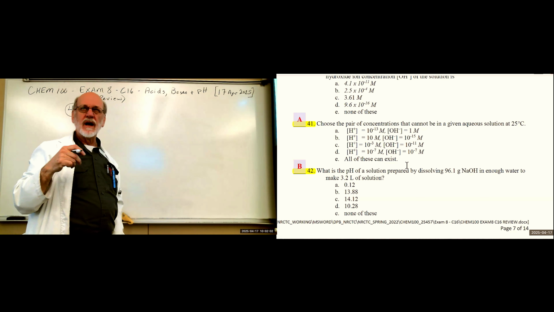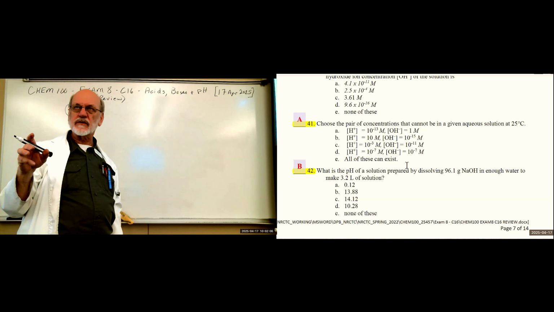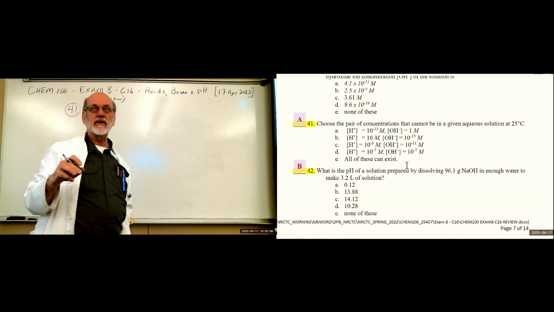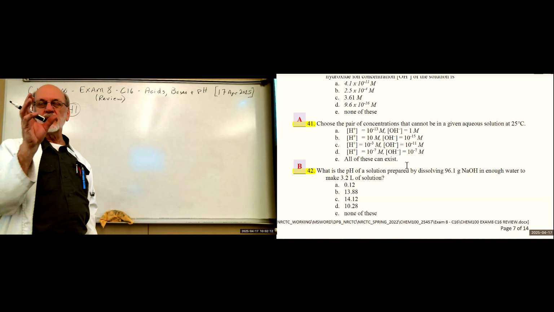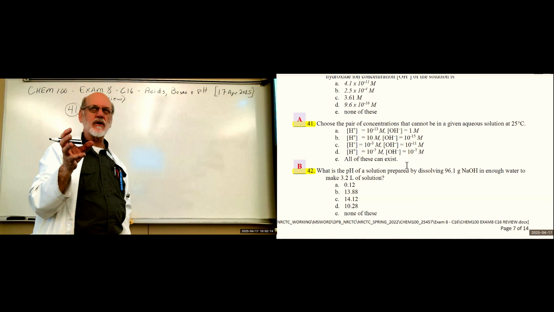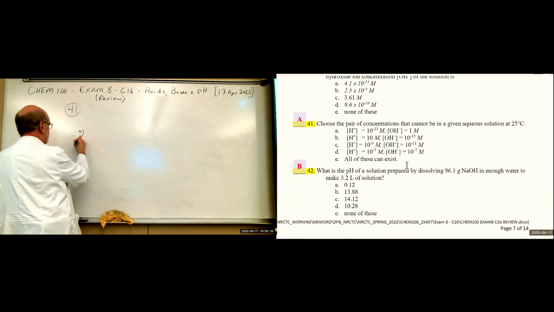Choose the pair of concentrations that cannot be in a given aqueous solution at 25 degrees. All right. So we got pairs of hydrogen ion and hydroxide ion concentrations. So let's do it like this.